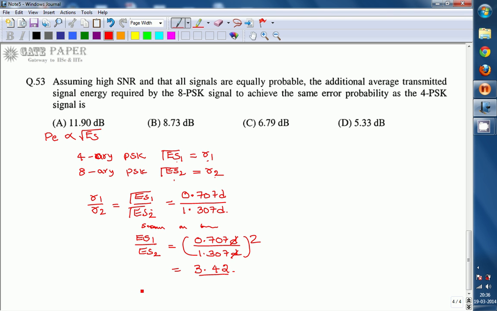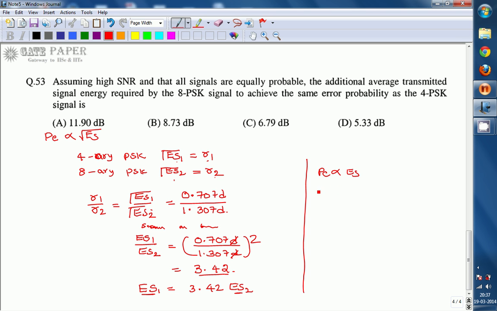Now to get the same error probability, ES1 should be equal to 3.42 times ES2, where ES2 is the energy for 8 array PSK and ES1 is the energy for 4 array PSK. I already said the probability of error is directly proportional to the energy of the circles, so from this one we can find out the energy.